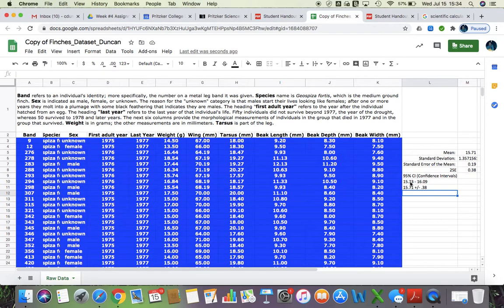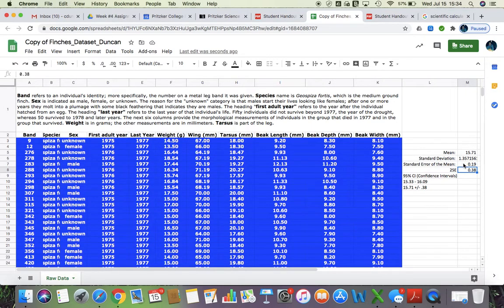The actual range, or I can just say it is the average plus or minus 2 standard errors of the mean, which I got right here. So I calculated this value, that times 2 gives me 0.38. I can say the average 15.71 plus or minus that value of 0.38.